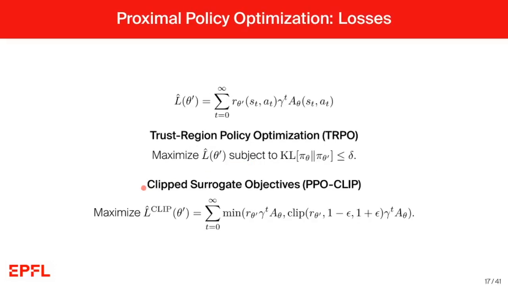Now, a newer version that was proposed a little bit later is this clipped surrogate objective. Sometimes it's called the proximal policy optimization clip loss. And here the idea is to just replace this loss with a clip loss.